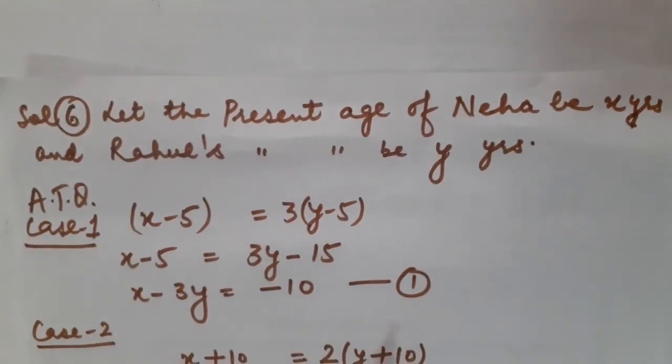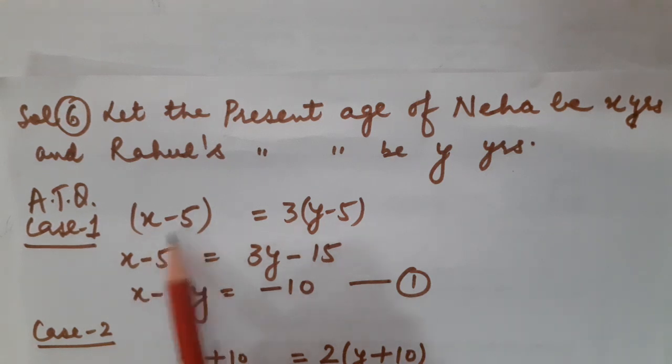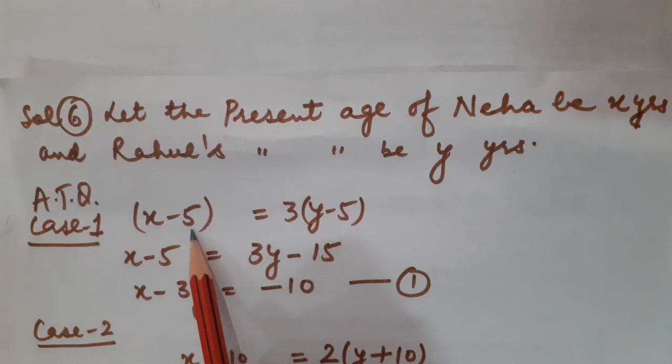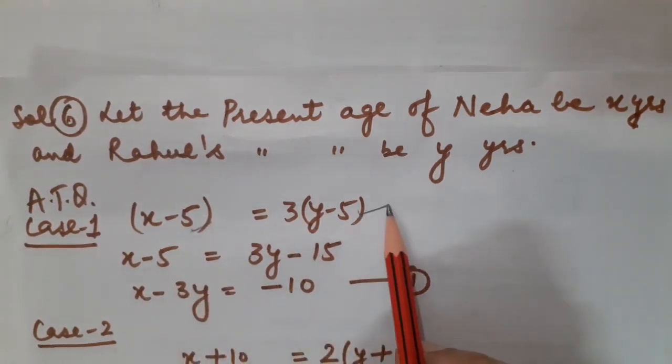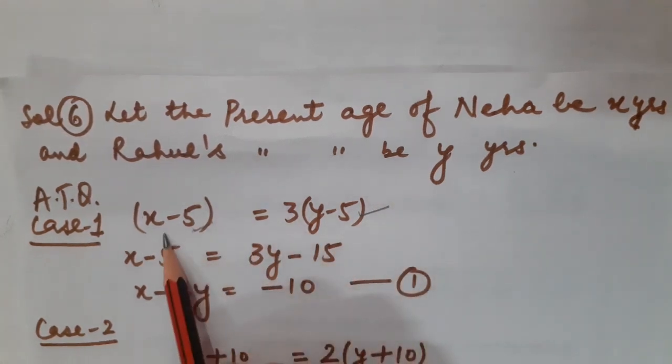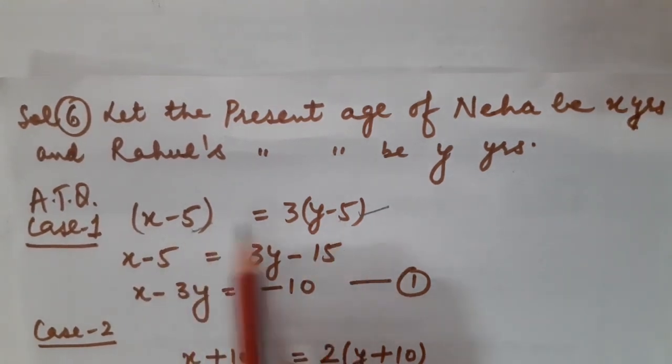Now according to the question, in case number 1, 5 years ago, the age of Neha was x minus 5, and 5 years ago Rahul's age was y minus 5. According to the question, 5 years ago Neha was thrice as old as Rahul.